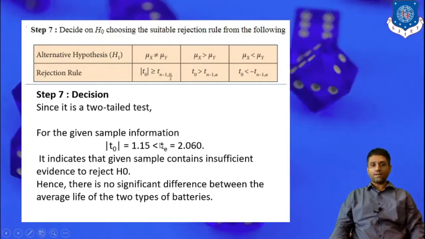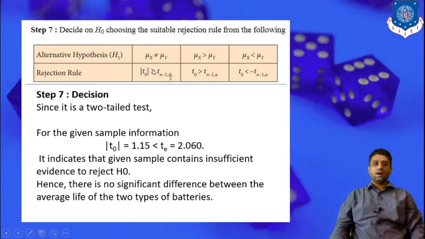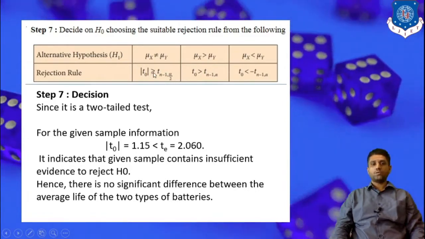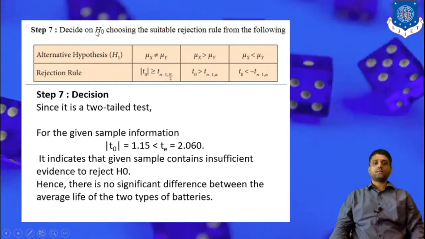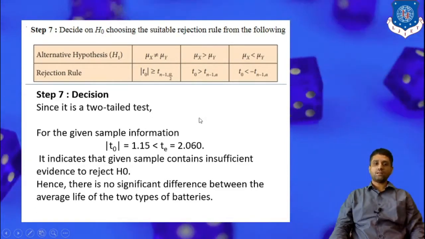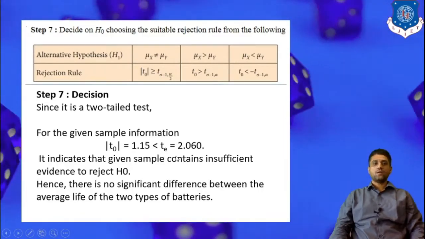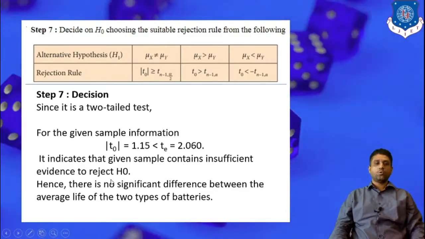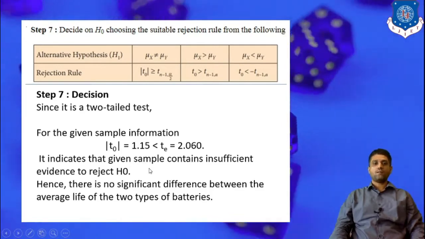So in our case we obtain t naught less than t experimental, and the general procedure says that if the observed t value is greater than or equal to the experimental t value, in that case we reject the null hypothesis. But in our case it is totally opposite. It is less than. It means that we do not gather sufficient evidence to reject the null hypothesis. So finally we say that we do not reject our null hypothesis.